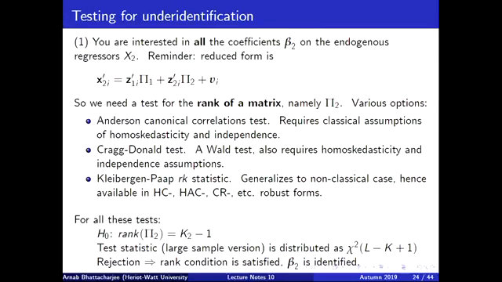We cannot say more than that, but at least it is consistent. So we are doing fine here. If we can reject in the one-tailed way, then we can ensure that this is actually not rank deficient.